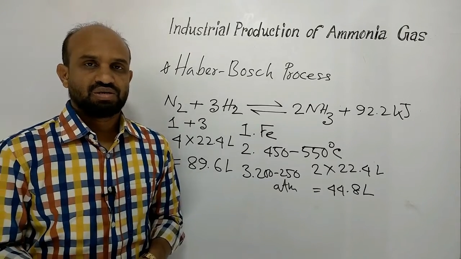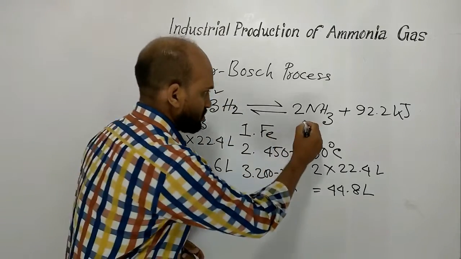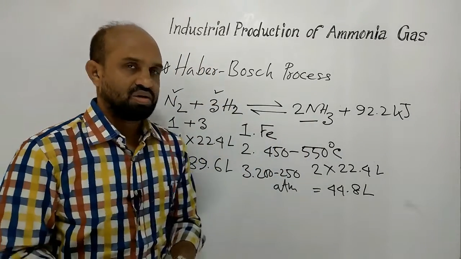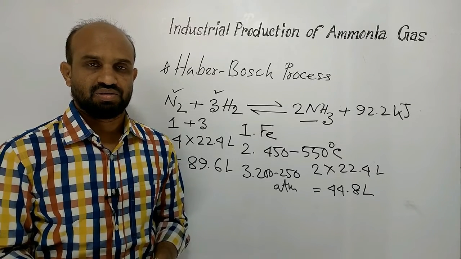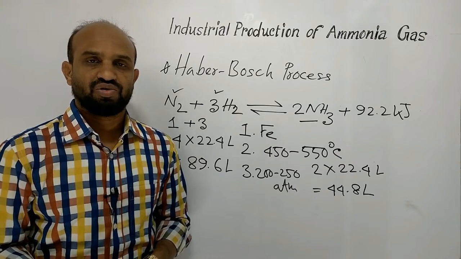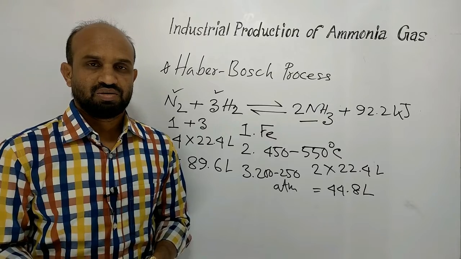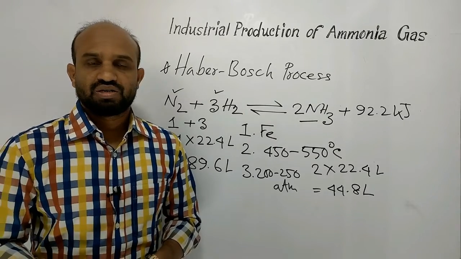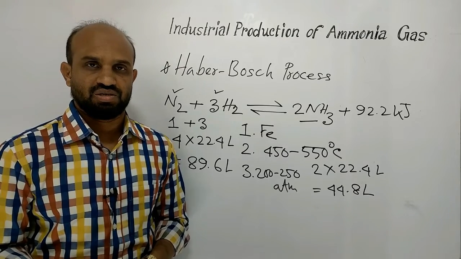Here one thing: reactants and product, all the components are gaseous. That is why these compounds form a homogeneous mixture. So it is very difficult to separate ammonia from the mixture.